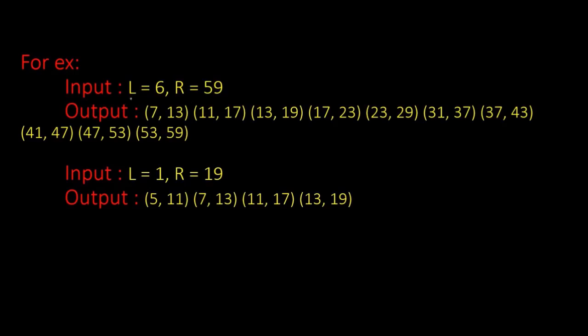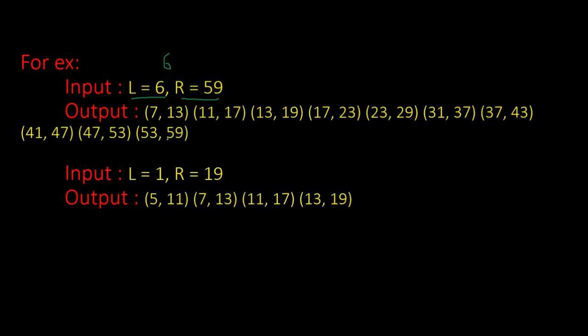There will be two values given, left and right, and what you have to do is print all the sexy prime numbers which are within this range. For example, 7 and 13: the difference between 7 and 13 is 6, and these both are prime numbers. So this is a pair of sexy primes, and these are all the sexy prime pairs: 17 and 23, 23 and 29, 31 and 37, 53 and 59.